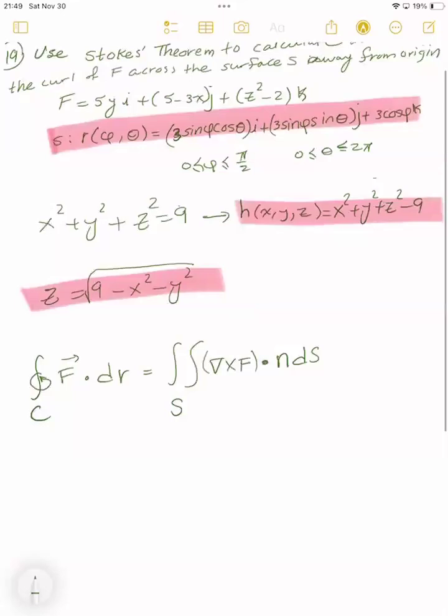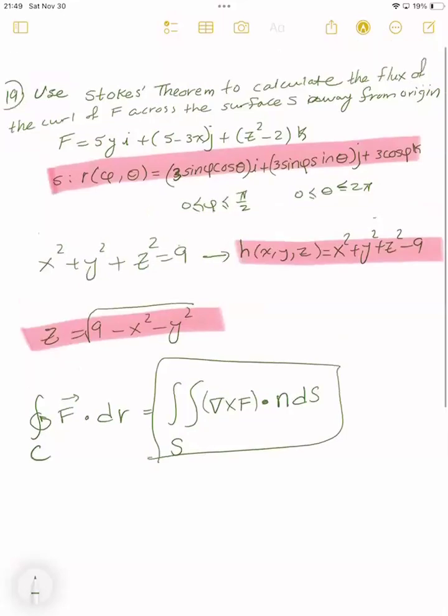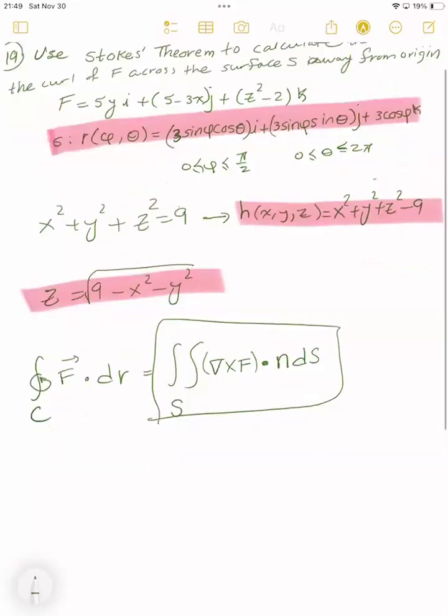So we are going to use this to calculate the flux of the curl of F across the surface S.